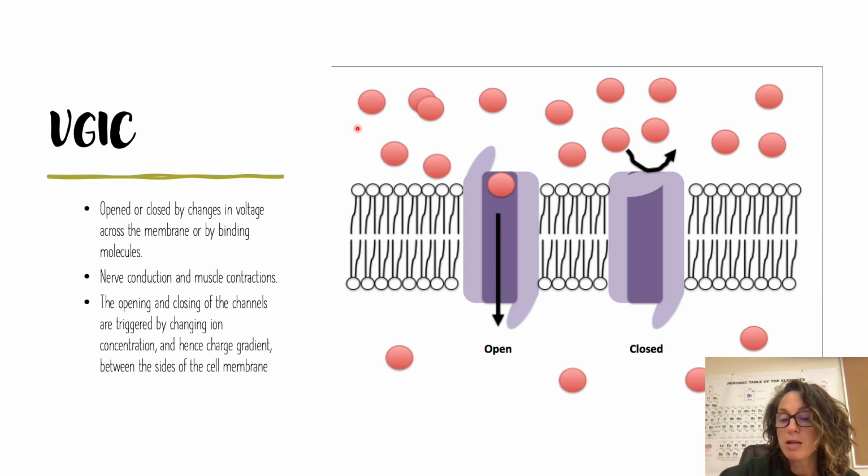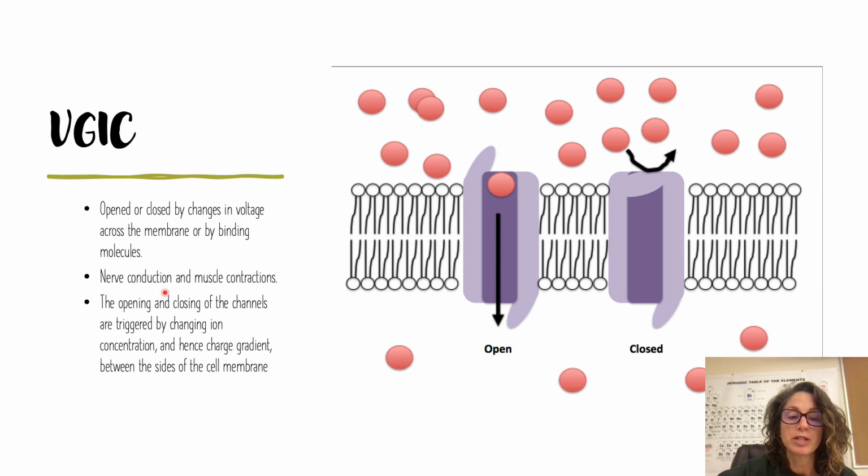So it really depends on the type of channel. All you need to know is that it's based on the change in the charge on one side versus the other side of the cell membrane. There also might be a case where it binds a solute and it'll either be open or closed.